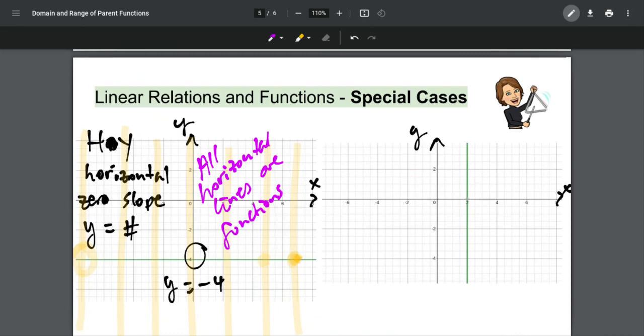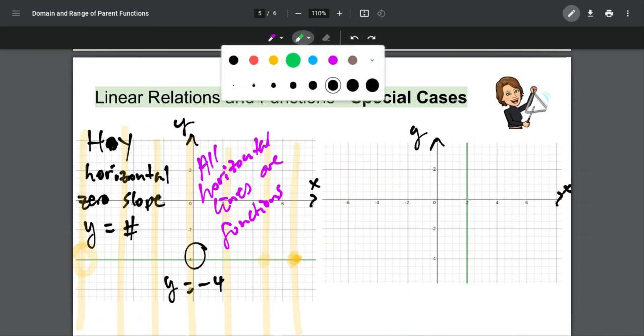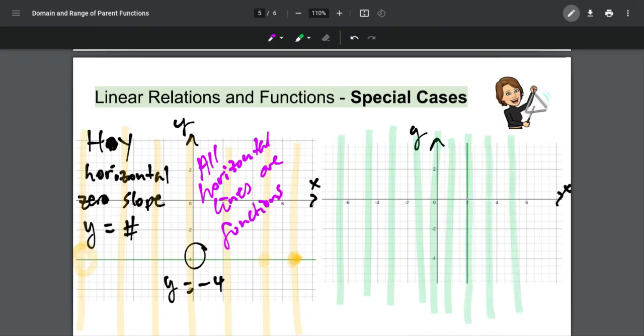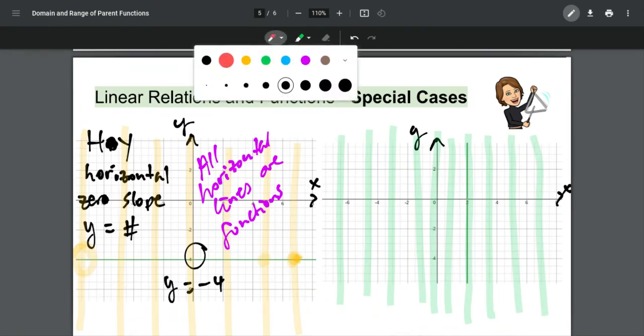What about vertical lines? Okay, perform the same test here. Well, let me pick a different color. We're going to perform the same vertical line test here. What happens, people? Oh, wow, I couldn't fail any more often than that. Okay, so it fails the vertical line test infinitely many times.